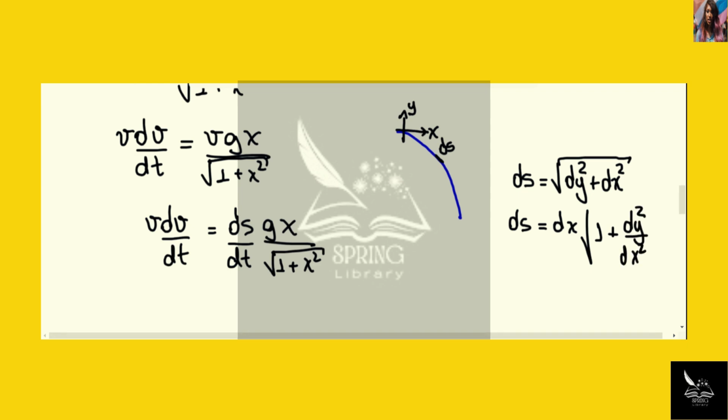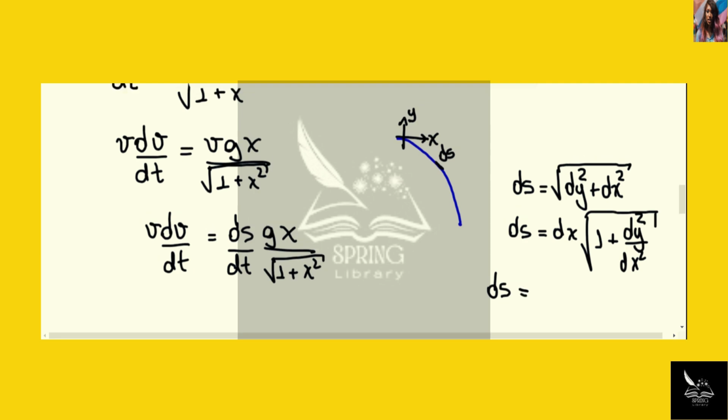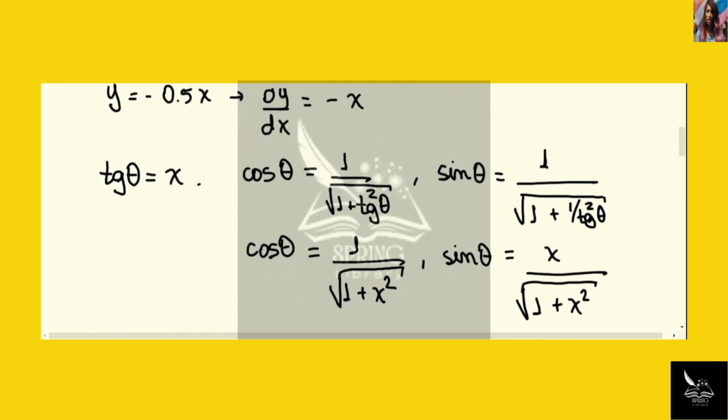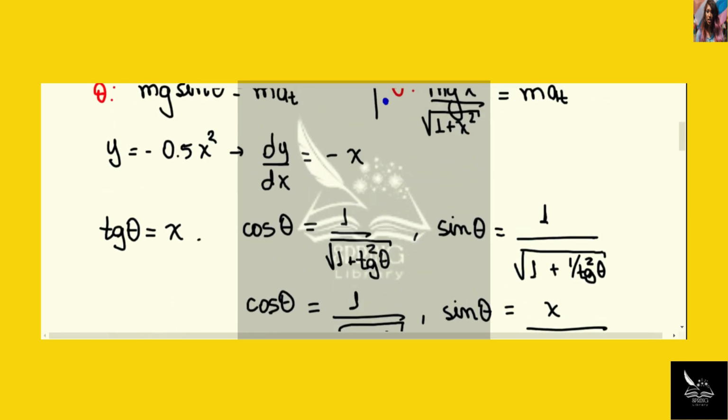Notice that I just isolated dx in the formula, and now using that dy/dx is equal to, I'm sorry, where did I write it? So sorry for that. I wrote it here. I used that dy/dx is equal to minus x.